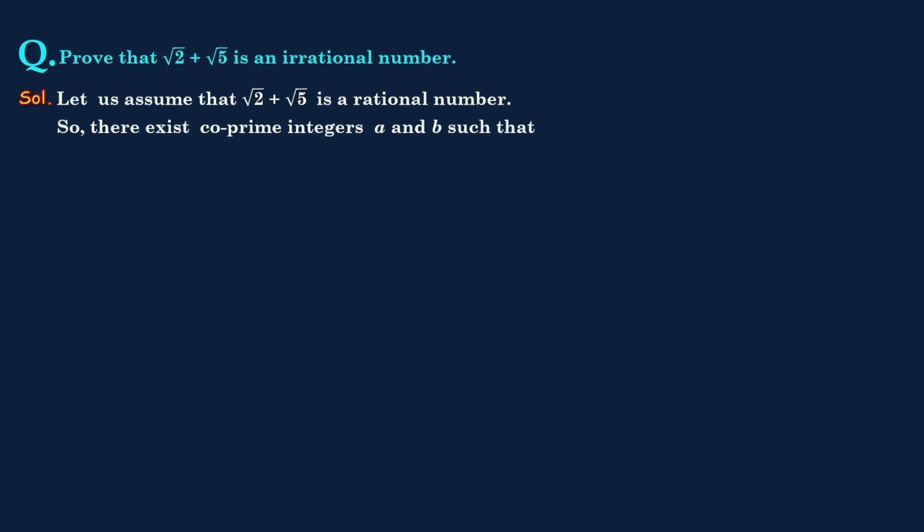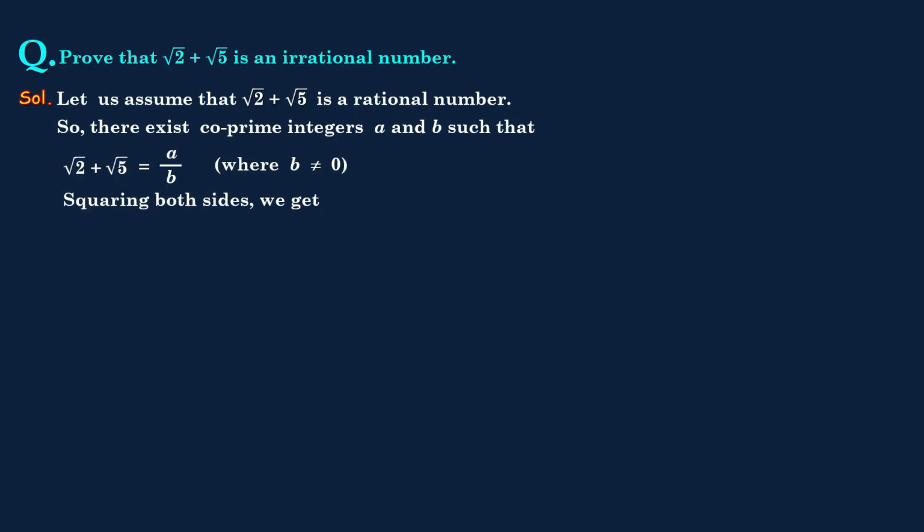Question. Prove that root 2 plus root 5 is an irrational number. Solution. Let us assume that root 2 plus root 5 is a rational number. Then there exist two coprime integers, a and b, such that root 2 plus root 5 is equal to a divided by b, where b is not equal to 0.